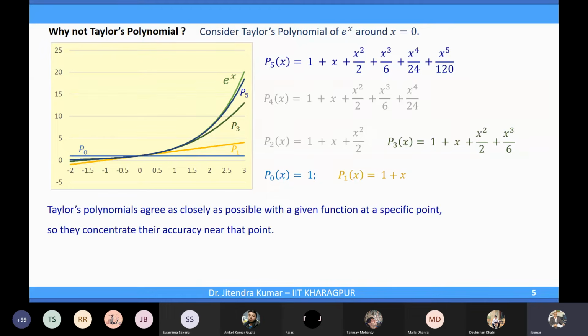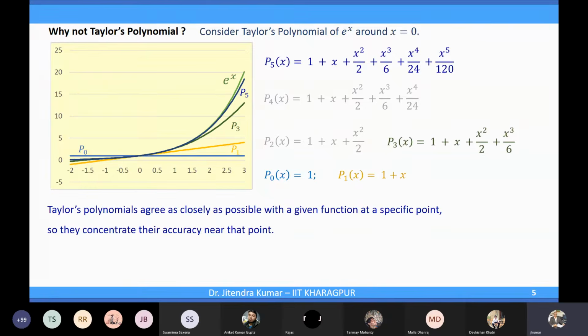Good. The point here is that the Taylor polynomial agrees as closely as possible with the given function at a specific point. So they concentrate their accuracy near that point.